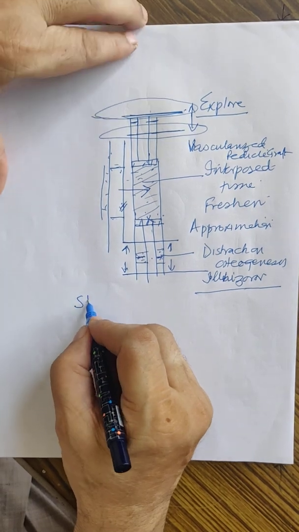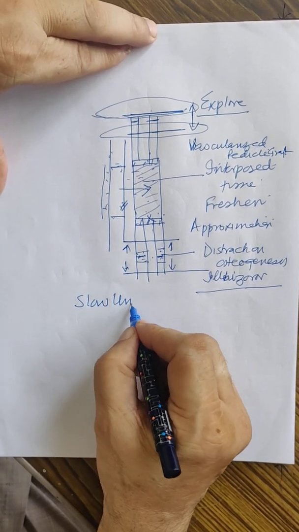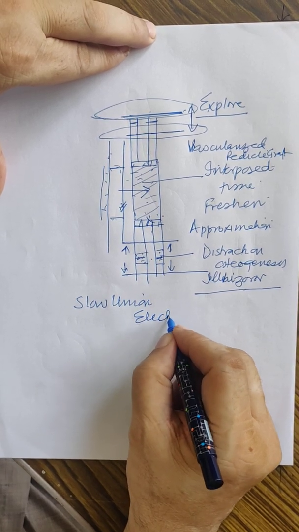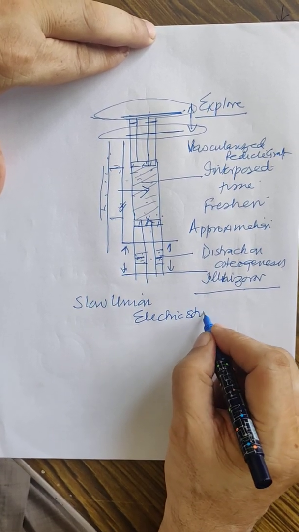For slow union, what has been tried is electrical stimulation.